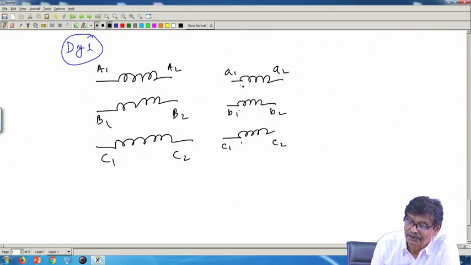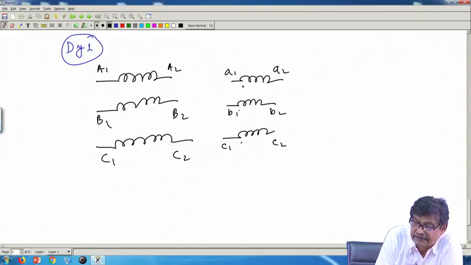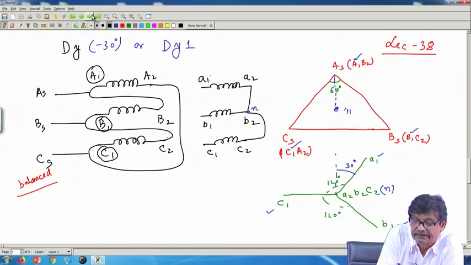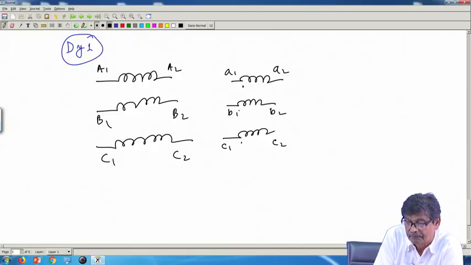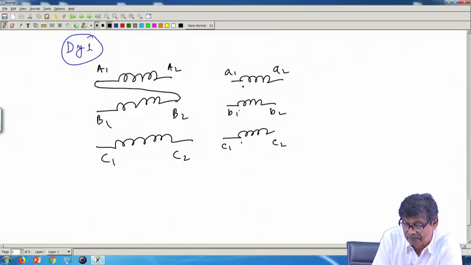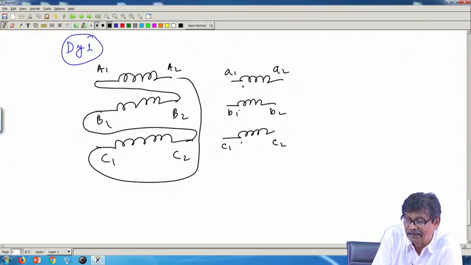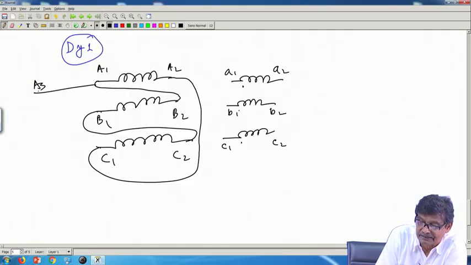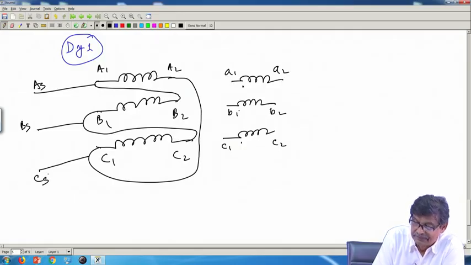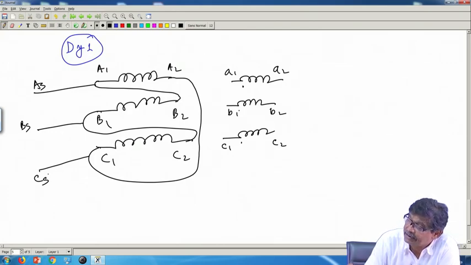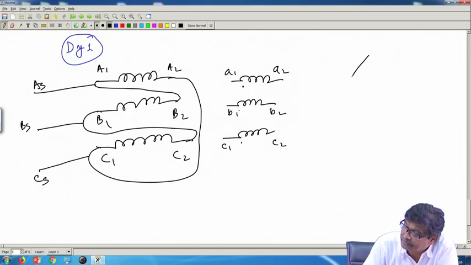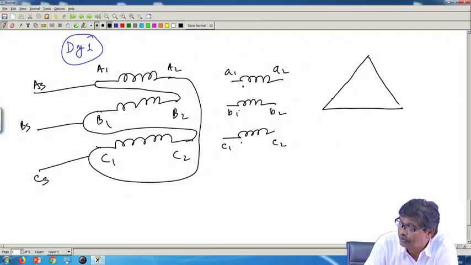Then I am telling you, connect this as delta like this, for example. Same thing I am doing, do not worry, this is AS, this is supply BS and this is supply CS. Now, after you energize this, this is your supply voltages, because supply voltage I know is balanced.